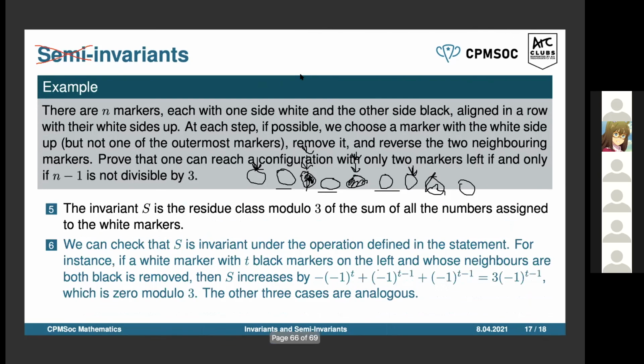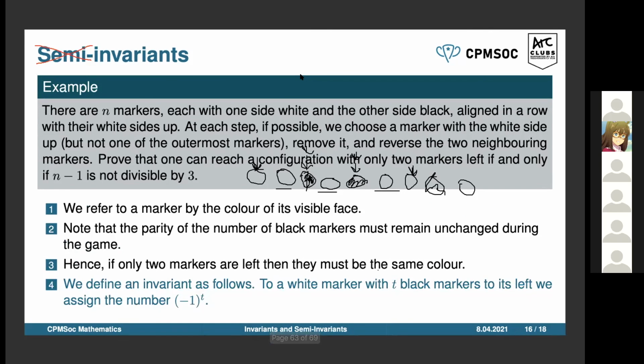So S is the sum of, for each white marker, we look at the number of black markers to the left.